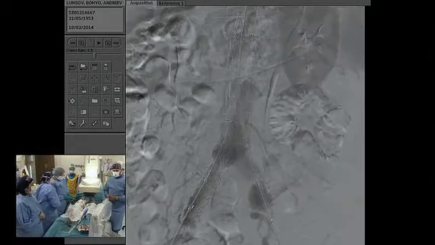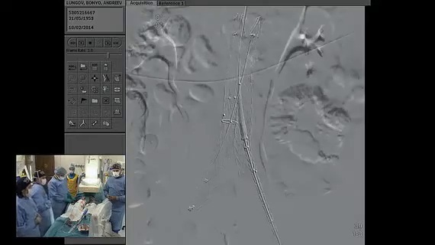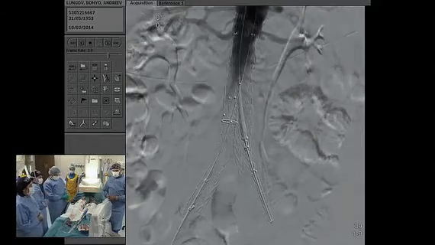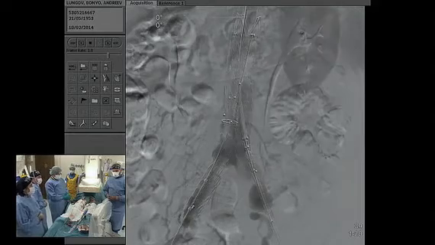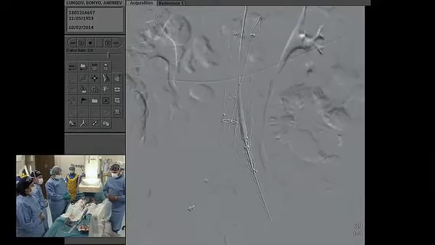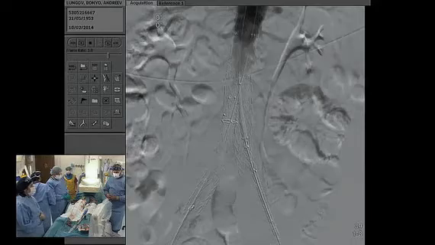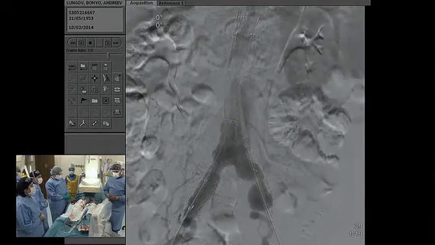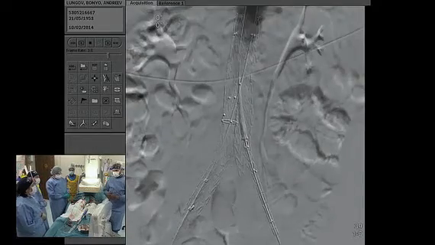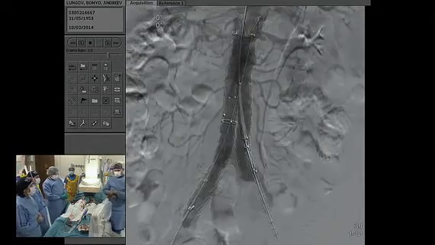So, I think the right side is quite acceptable. So the hypogastric is open, and we have to decide together, with your advice, to cover the hypogastric on the left side or not. But I mean that I think we can save it.